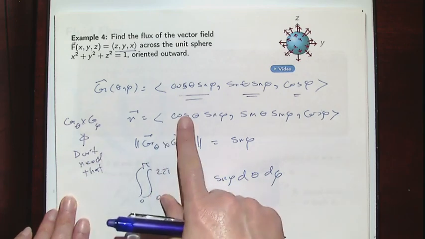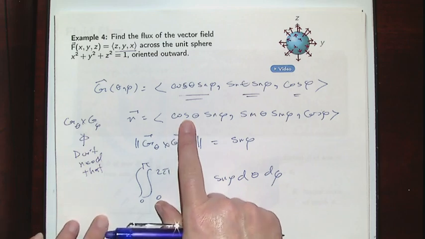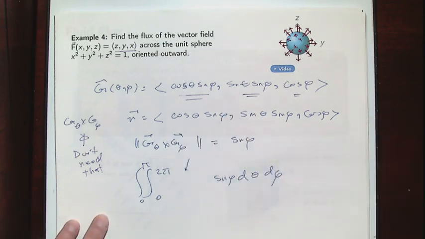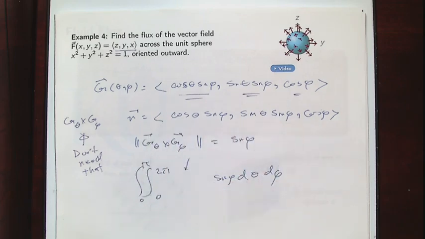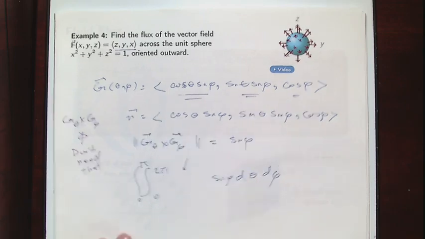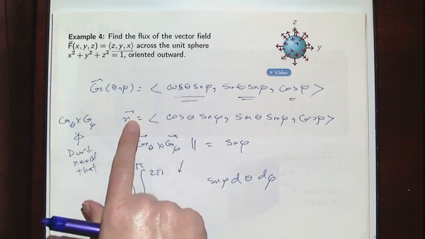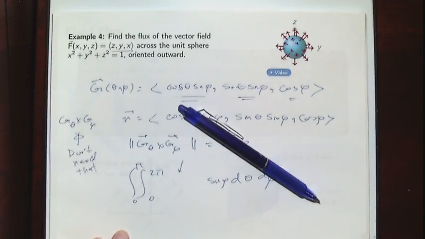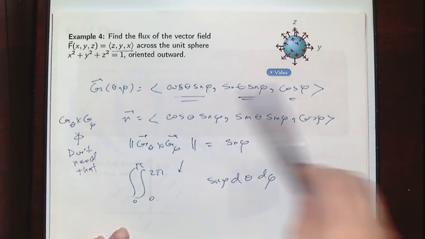Because you know little n is going to be just cosine theta sine phi, the spherical, if the magnitude was 1. Magnitude 1 means that there is no rho multiplying it. So technically, the little n and the parameterizations are the same.